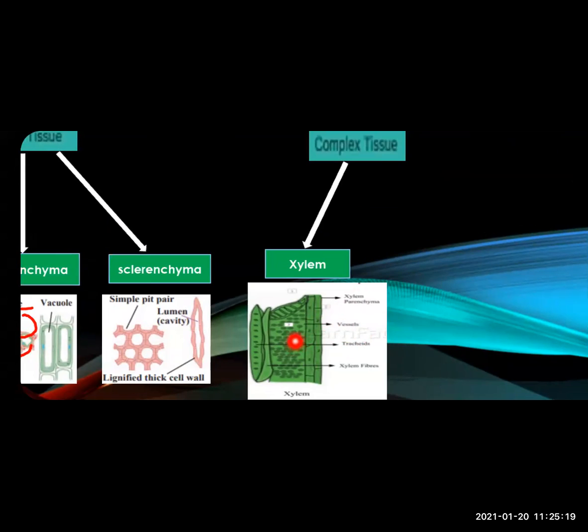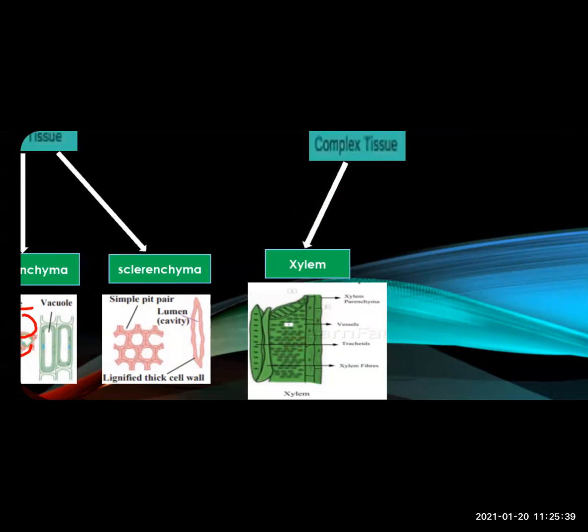What is the function of this? It conducts water and minerals in the upward direction. Whatever is absorbed by the roots from the soil is taken in the upward direction to the upper parts of the plant.